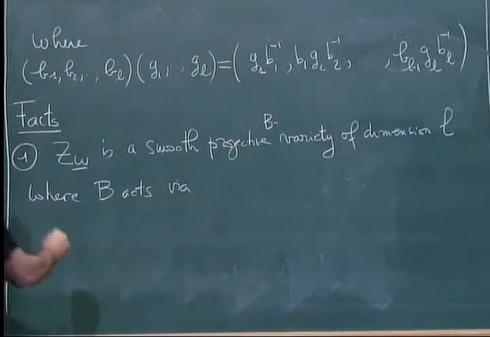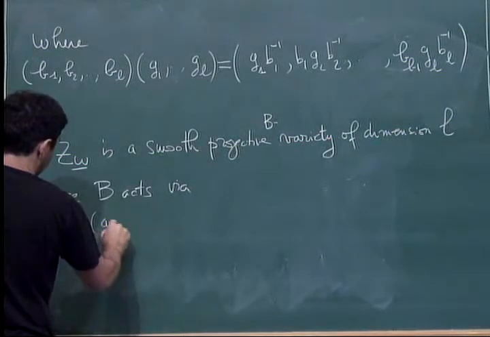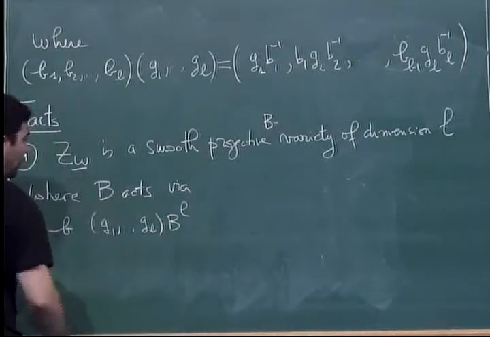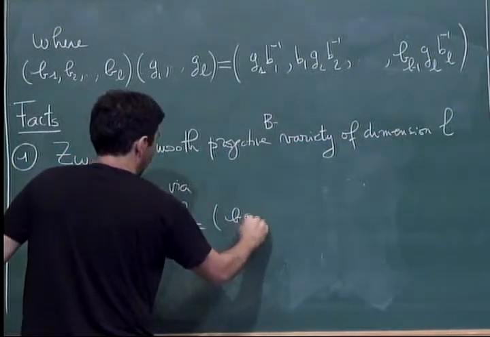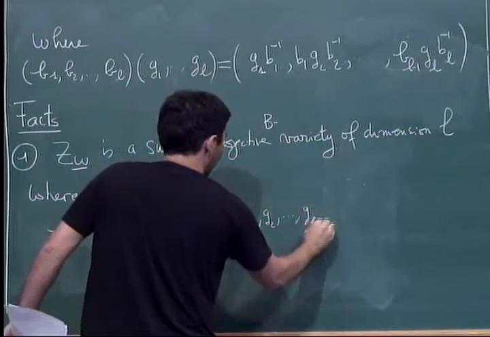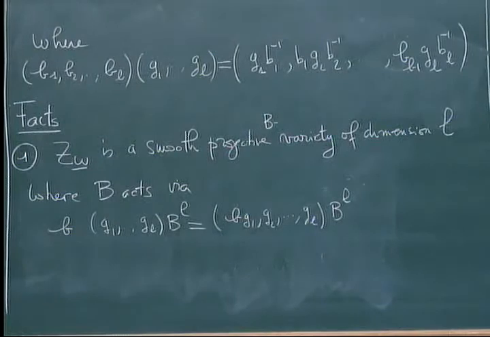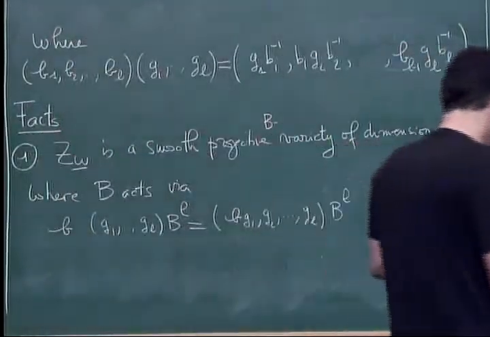So take P. Now a point in Z omega is nothing but G1 up to GL in B to the power L, and B acts by multiplication on the first factor.